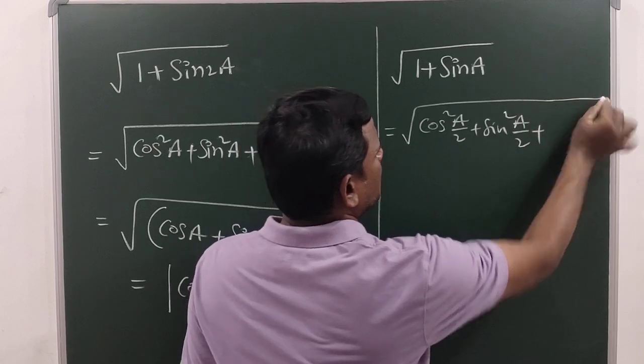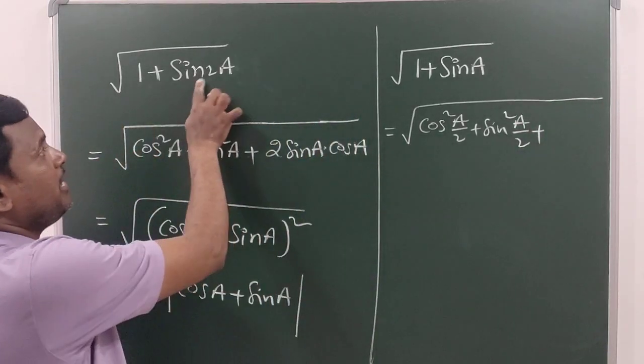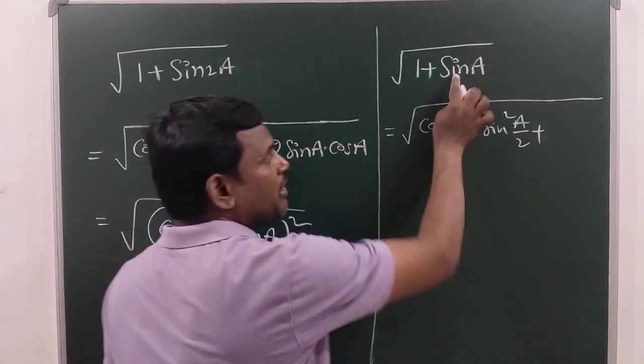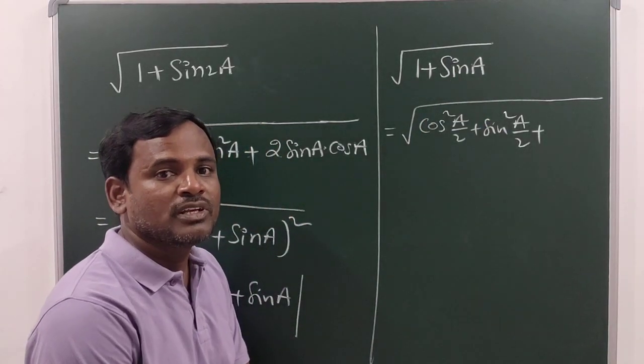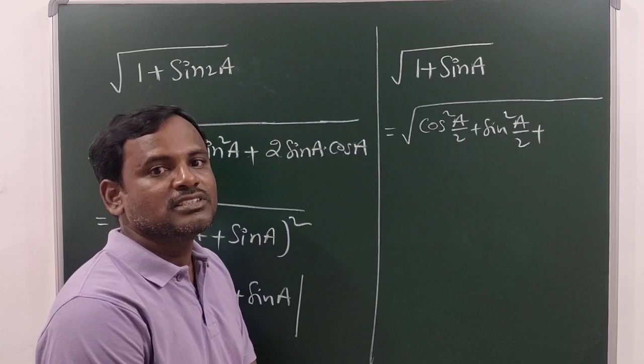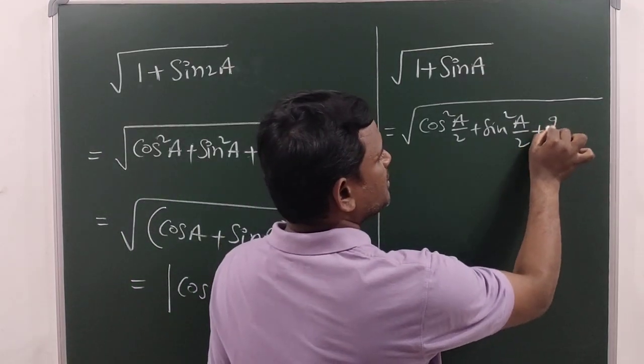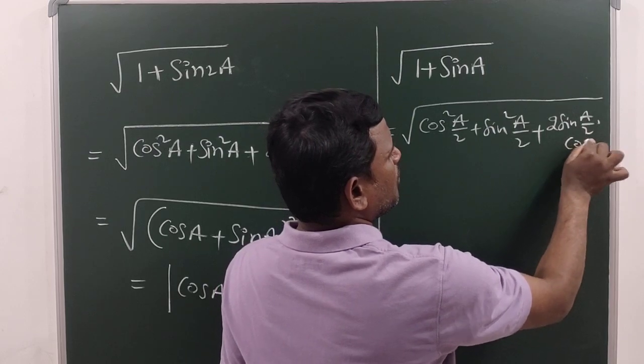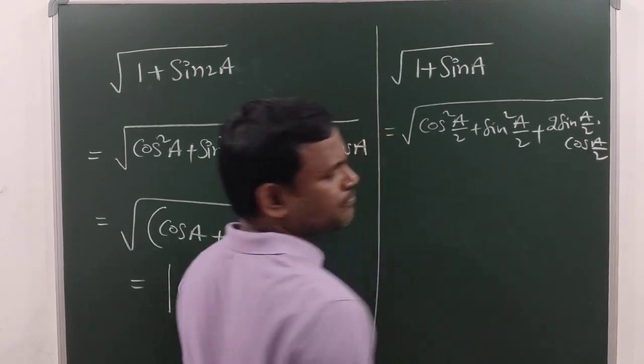Because here sin 2a, multiple formula, is 2 sin a cos a. But here what you have to write in the place of sin a? Submultiples of sin a is 2 sin a by 2 into cos a by 2.